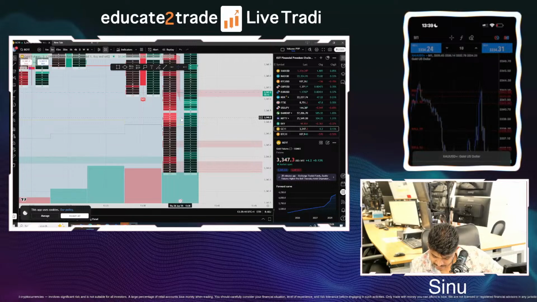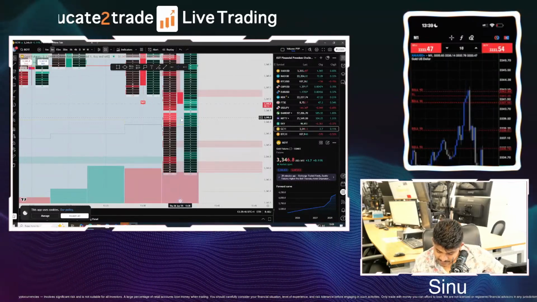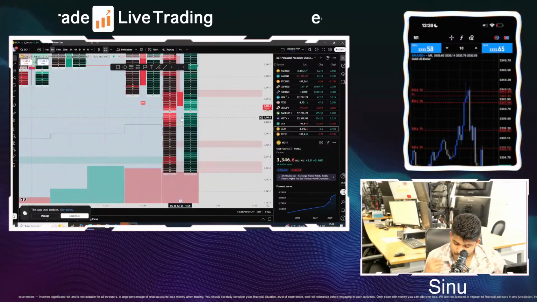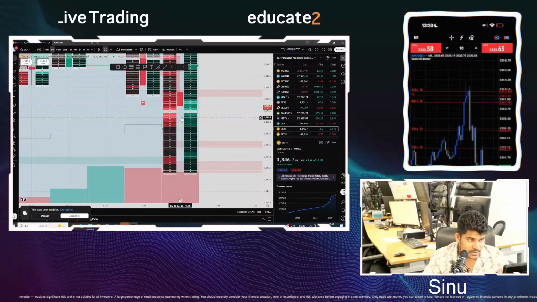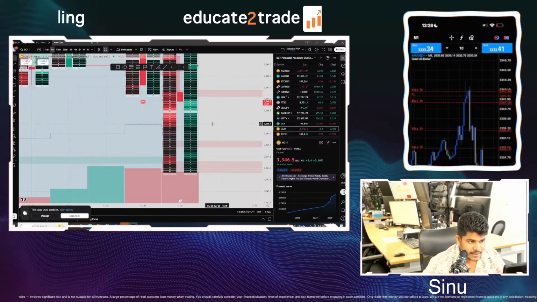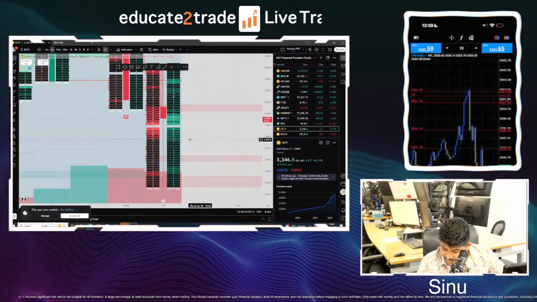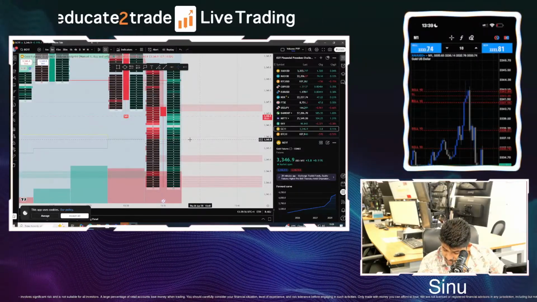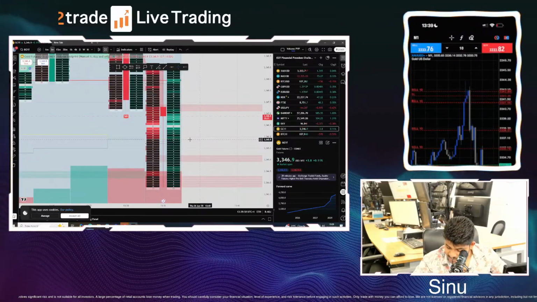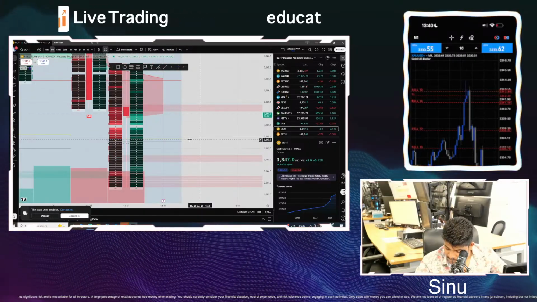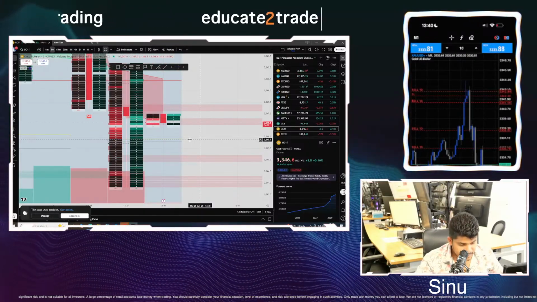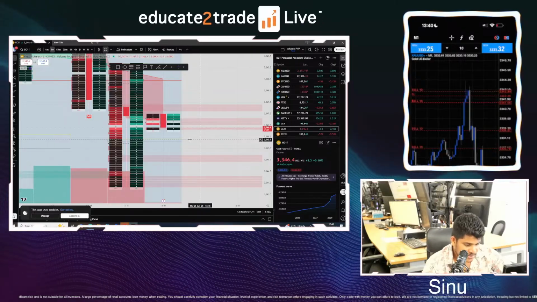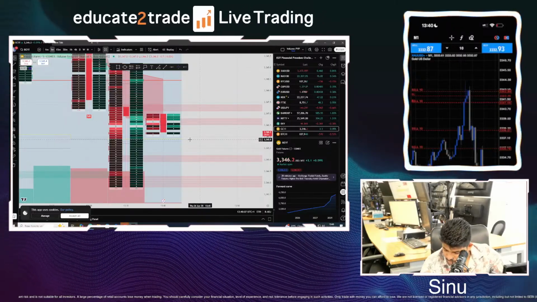Yes, it has taken some liquidity. If the next candle pushes towards the upside, then I'll be closing this position. So the very next 1 minute candle, if it is pushing towards the upside, then I'll exit all of my positions. If it is running towards 3330, then I'll be holding on to those positions.